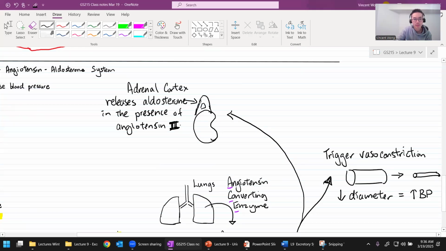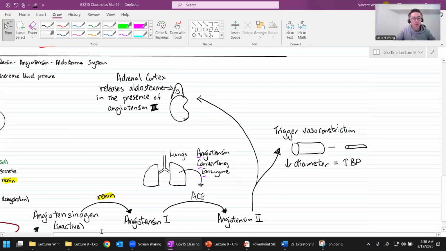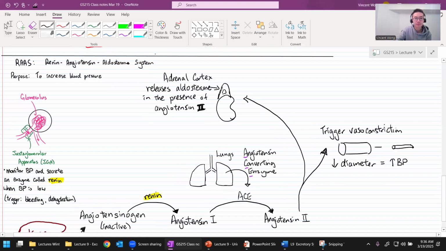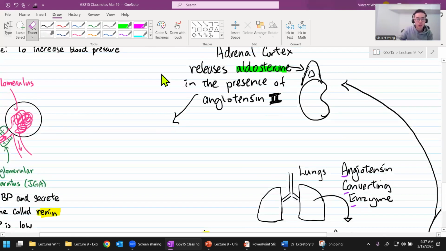So angiotensin number two does two things: vasoconstriction and triggering the release of aldosterone. What does aldosterone do? Aldosterone is going to go to the distal tubule and the collecting duct.